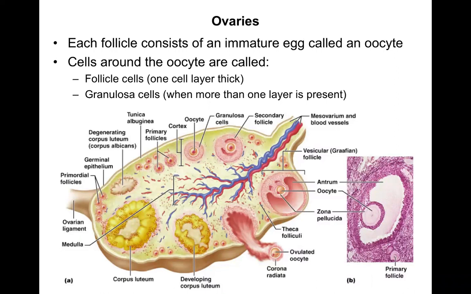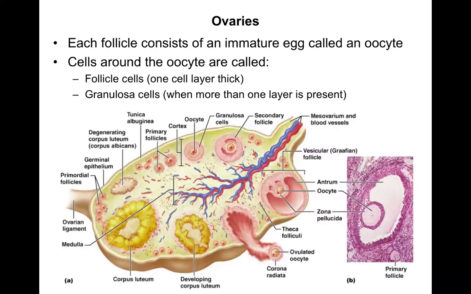At birth, this number is reduced drastically, and it becomes about 1 million in each of the ovaries. At puberty they reduce further, and about 250 to 300,000 oocytes are present around puberty.